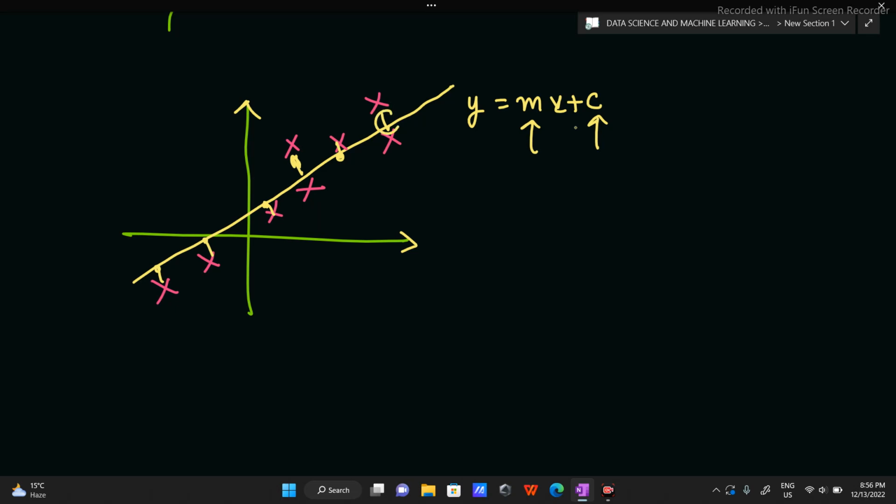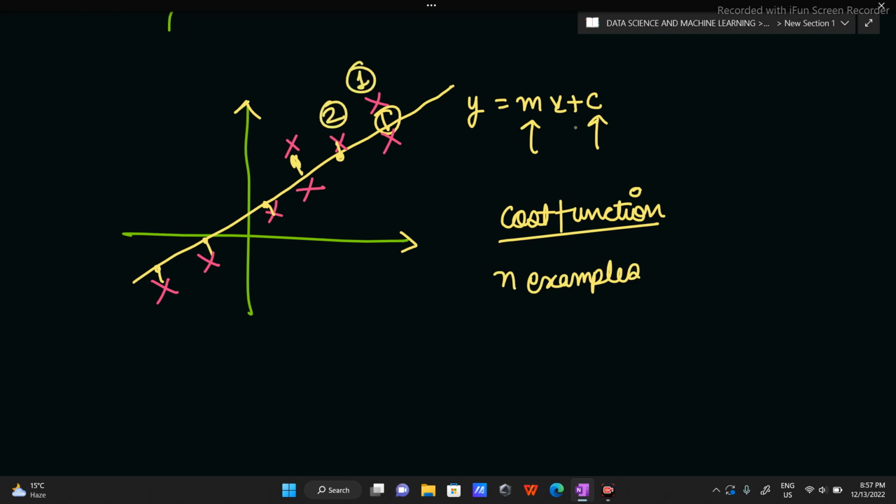To calculate this distance between points, we use something called a cost function. Basically it will be the mean of squared error. Let's say I have n training examples, 1, 2, 3 up to n.